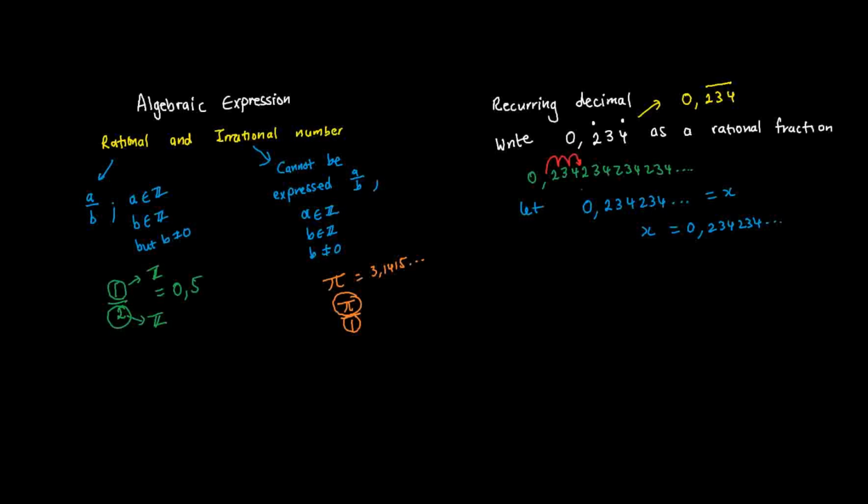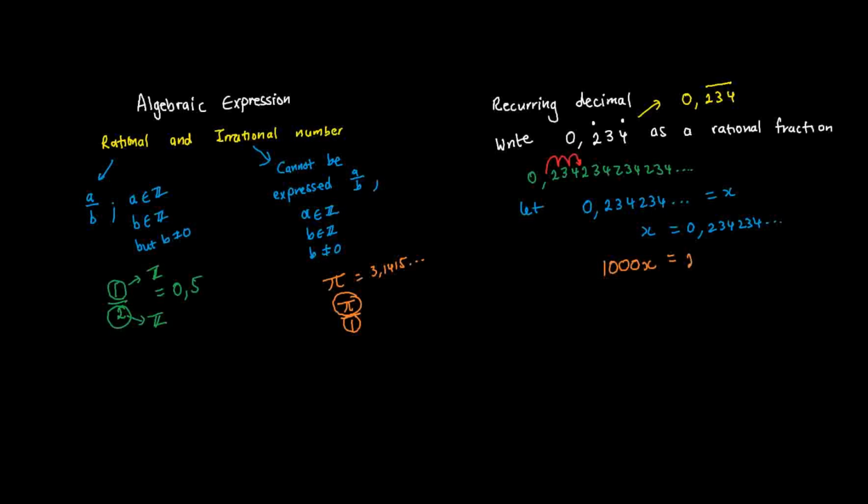So back to this question, what I'm going to do is, let's multiply the original equation by 1,000. So I'm going to multiply the left-hand side by 1,000. So 1,000 times x is 1,000x. I'm going to multiply the right-hand side by 1,000. So when I multiply the right-hand side by 1,000, the decimal comma is going to move 1, 2, 3 places to the right.